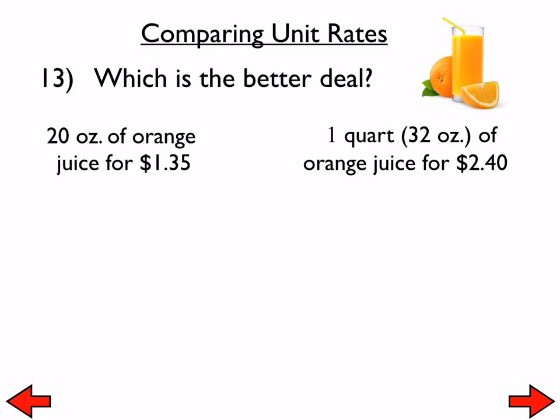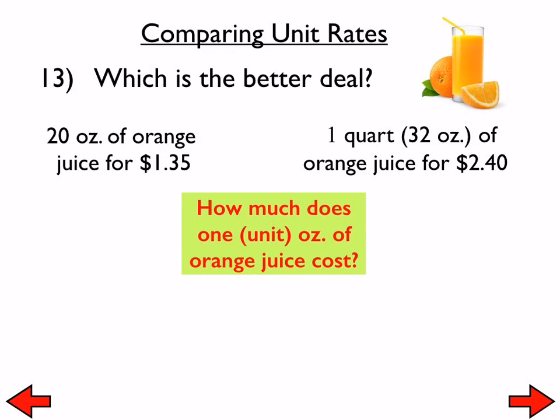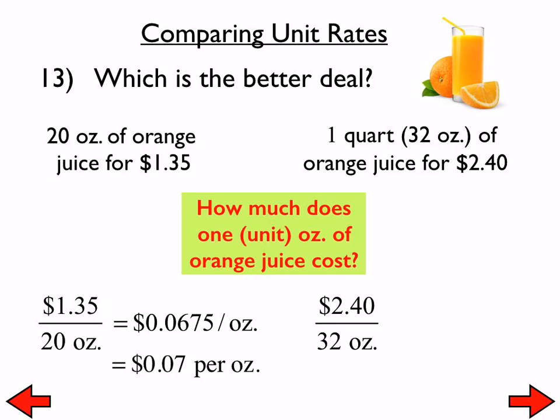So if I found the unit rate, and I'm going to do this one for you, for the first scenario, $1.35 for 20 ounces, divide that, that would give me 6.75 cents per ounce. I rounded it to 7 cents because if you were to go buy it, that's what they would charge you, because it rounds to 7 cents.